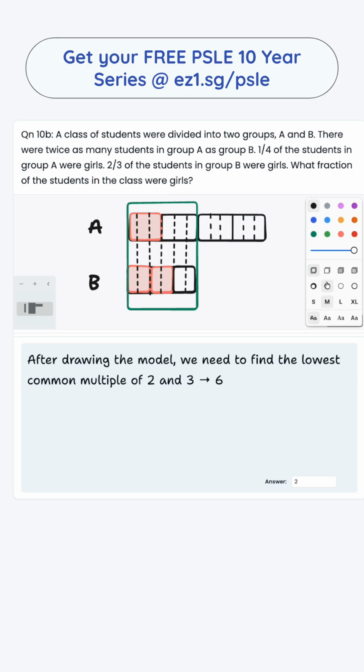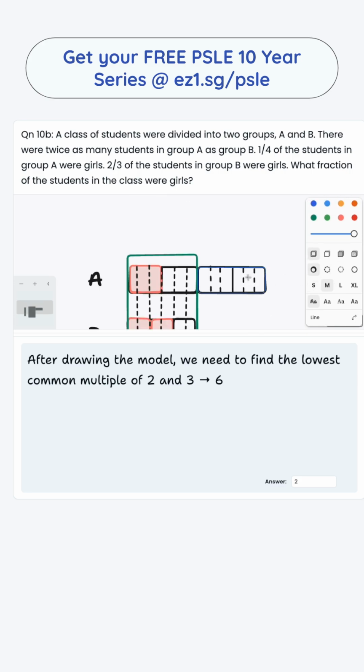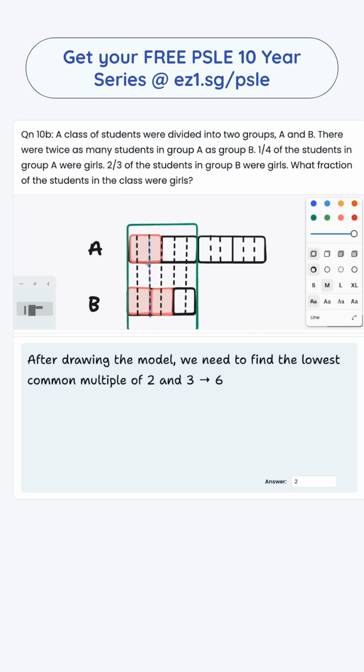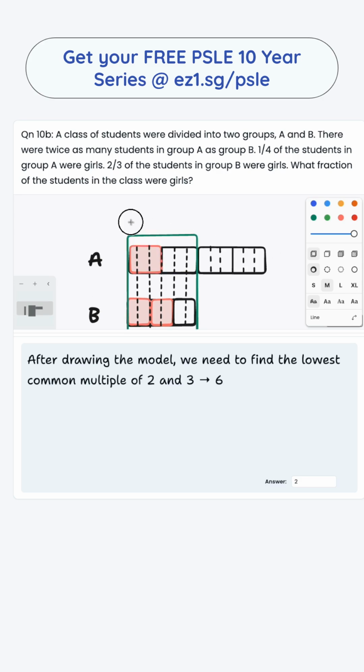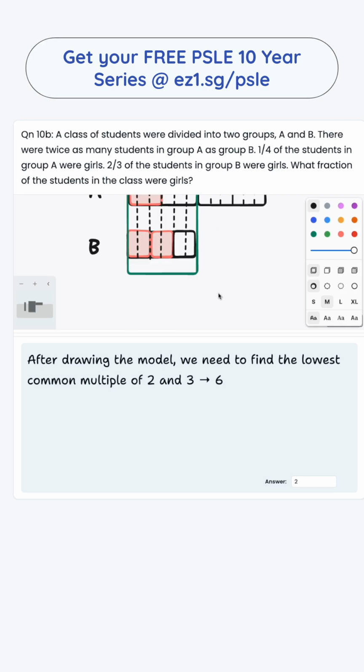So in total, if we were to calculate how many parts there are in A, we have 3 times 4. This will then become 12 units, or 12 parts. And then for B over here, we have half of it, which is 6 parts.